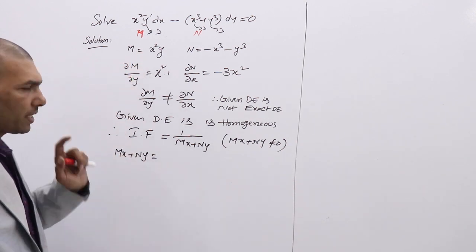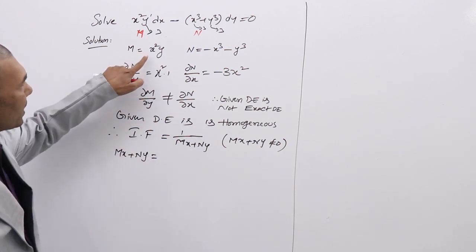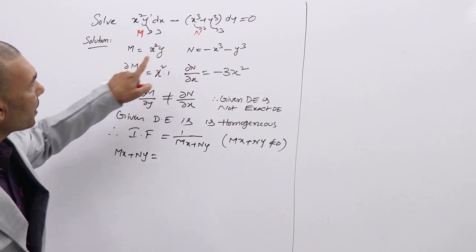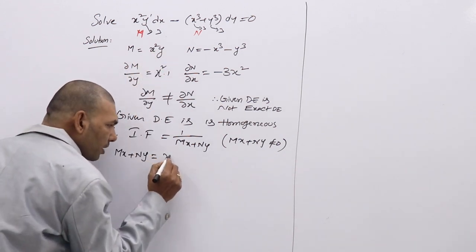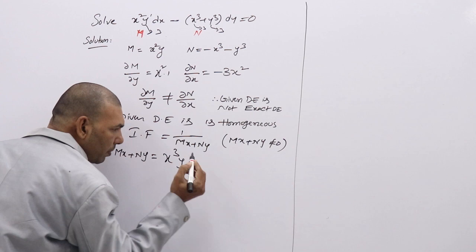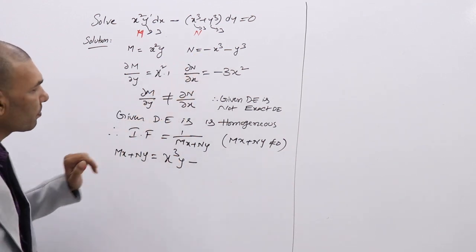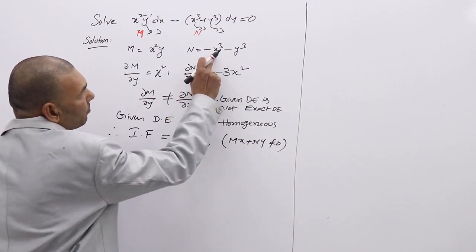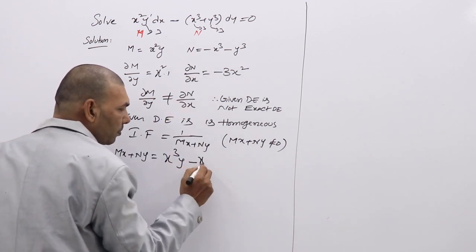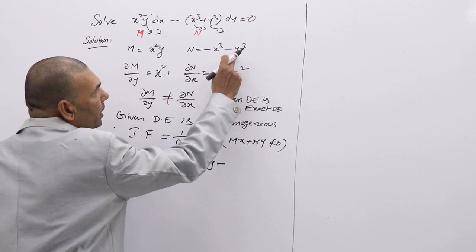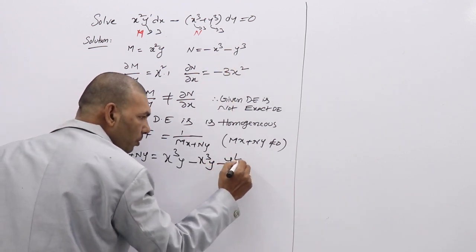Multiply M with x: x into x square y, x cube y. Minus, because you have minus here, minus into plus minus. Multiply N with y: x cube into y, x cube y, minus y cube into y, y to the power of 4.